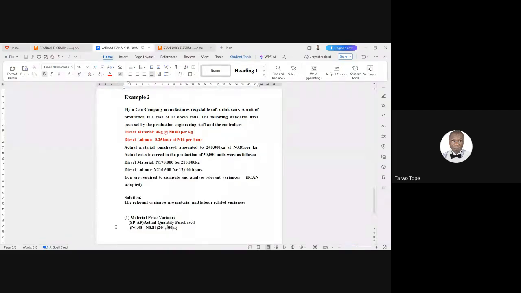Your material price variance will now be what? 2,400 adverse. So we have it as 2,400 adverse.